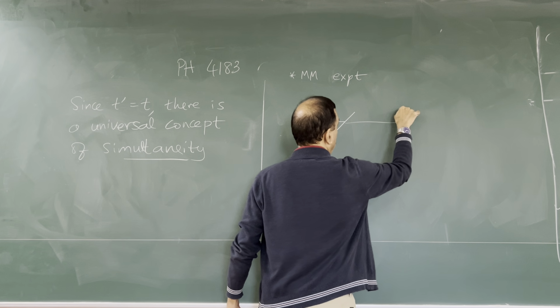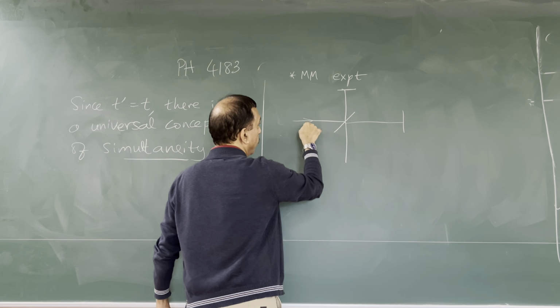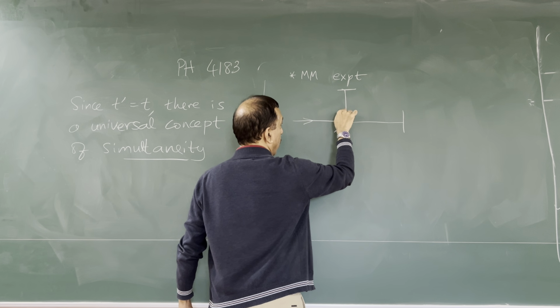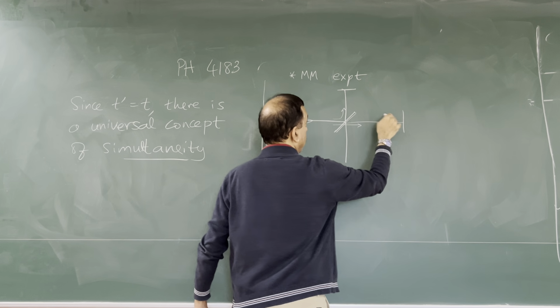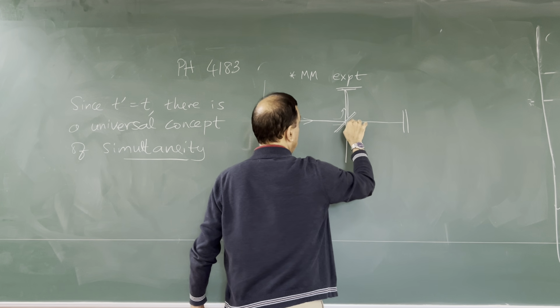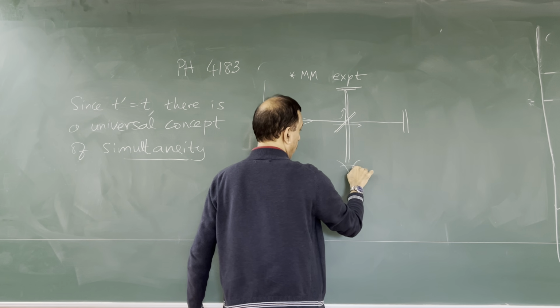There's some mirror setup. You send a beam from here. This is a partially silvered mirror, so the beam can go here and it can also go here. These are proper mirrors, so the beam comes back from here, and at least some part of it will come here, which is my detector.